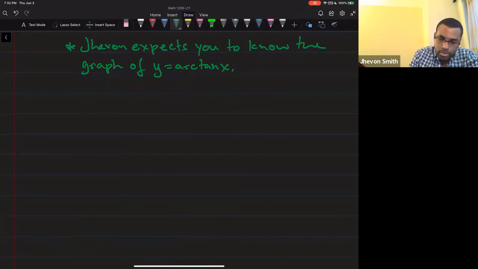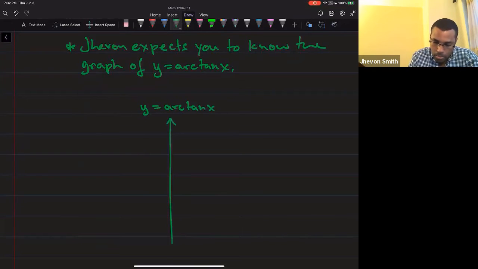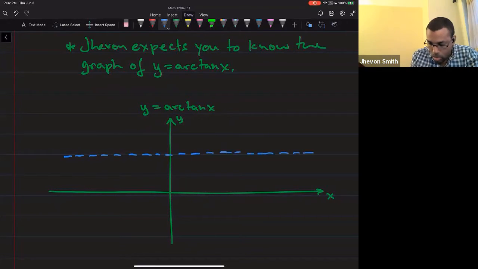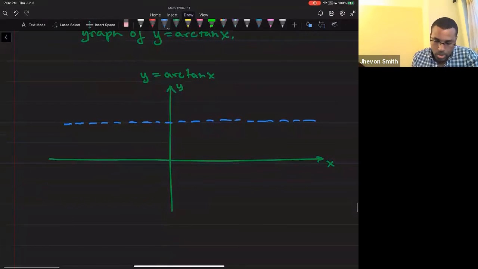And the graph looks like the following. It has asymptotes. So there's an upper asymptote, and then there's a lower one as well.